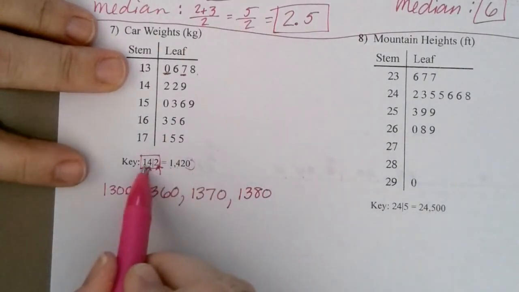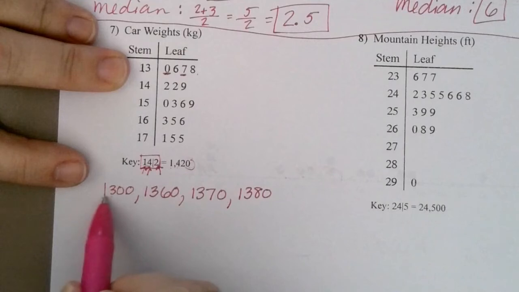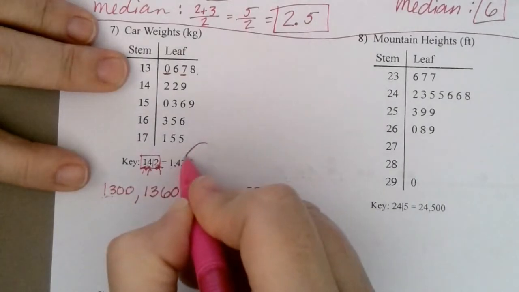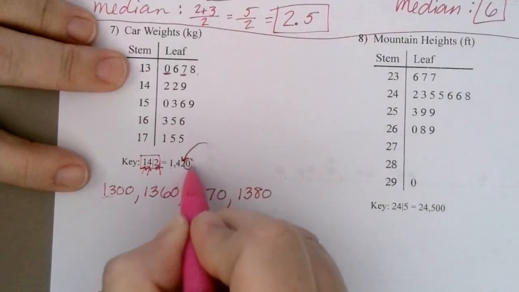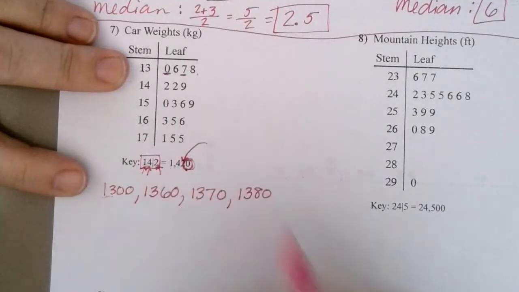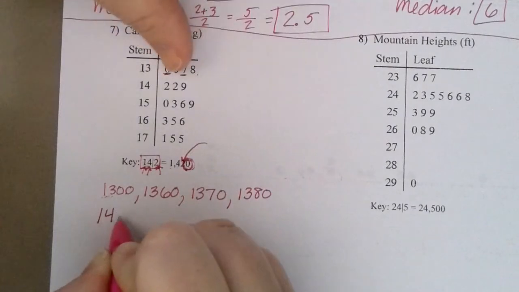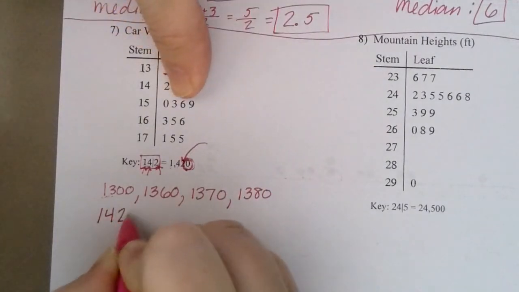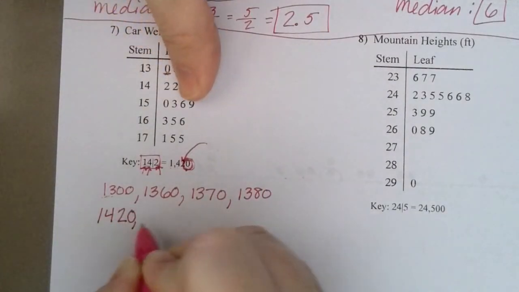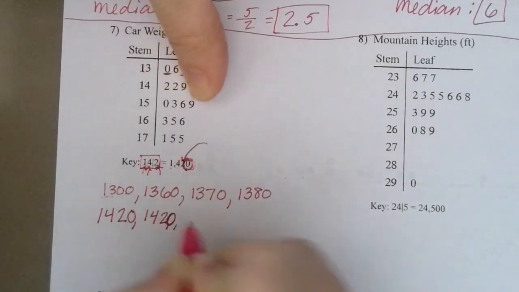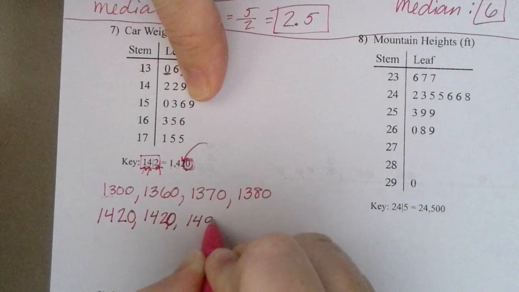So I have 2 digits as my stem. Those are the first 2. The single digit at the end is representing that number, and then I count up how many zeros afterwards, and I have to tack that on the end of every number. So what would this next one be? It would be 14, 2 with a 0, another 14, 2 with a 0, and a 14, 9 with a 0.